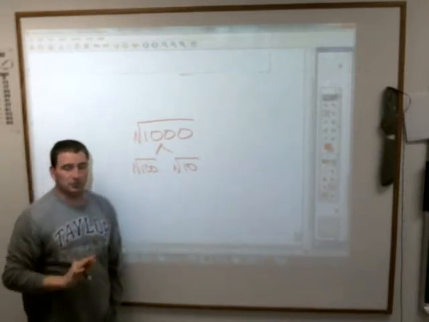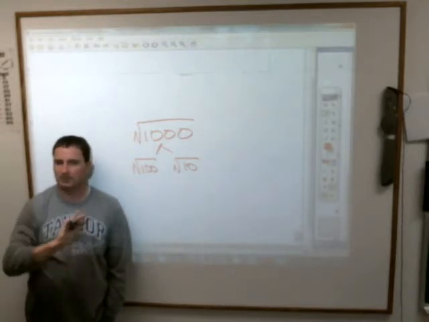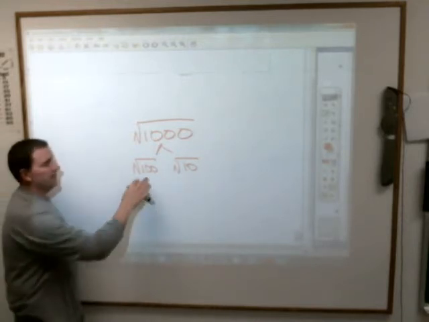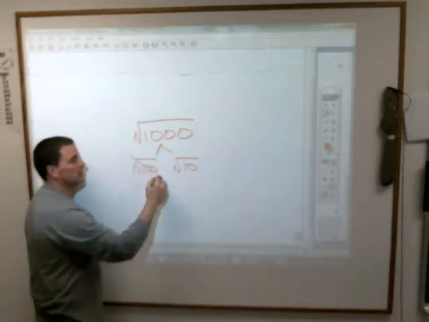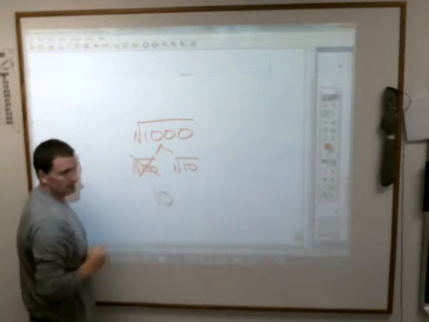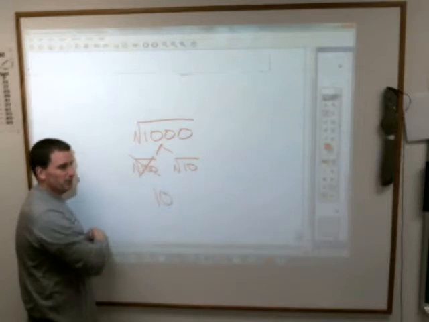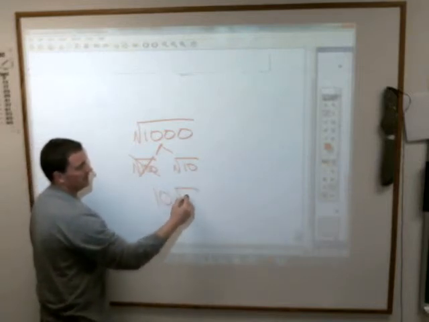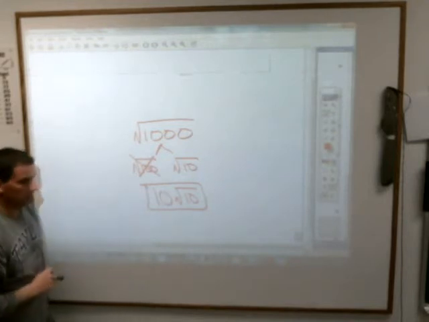Right now you can look at this and go, 100 is a perfect square. If you can think this way, you don't have to keep breaking this down because you know there is a square root of 100. You could right away cross that off and say, well, the square root of 100 is 10. Square root of 10 we know from before can't be broken down because we gave the approximation for it.